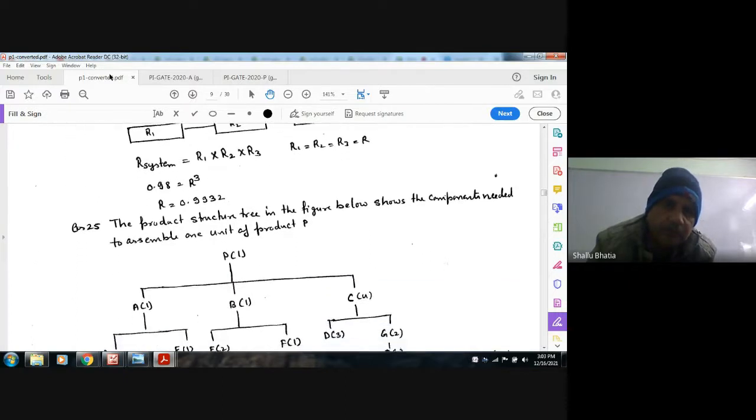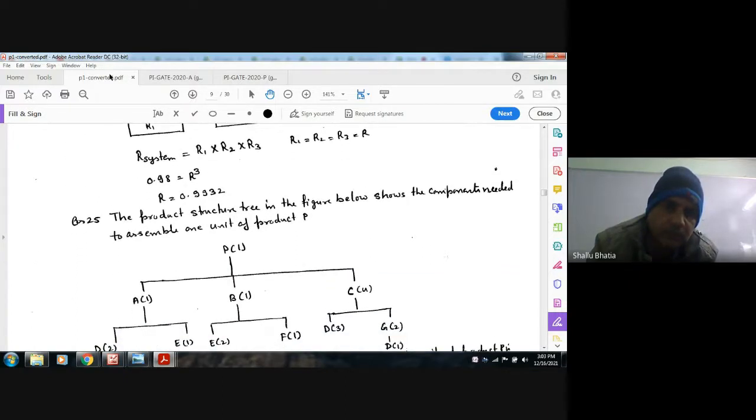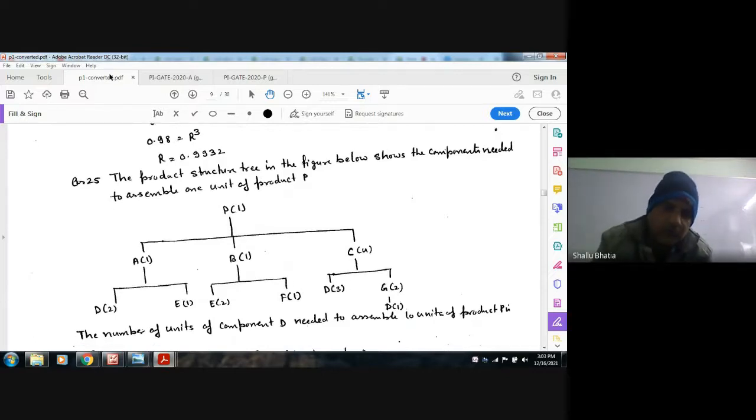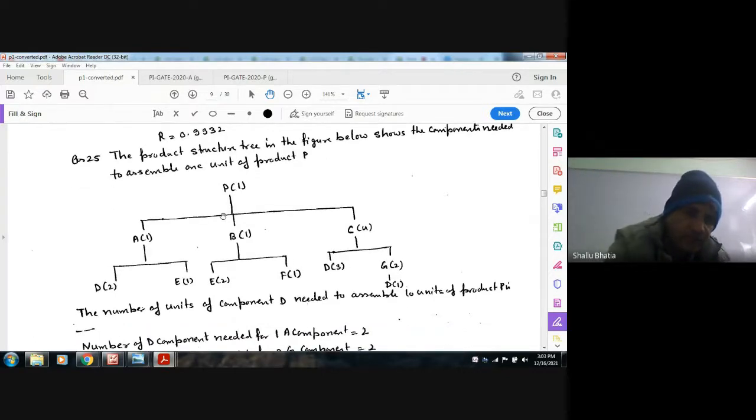The product structure tree is given in the figure below. It shows the components needed to assemble one unit of product P. For one P, we need A1, B1, and C4. For A, we need D2, E1; for B, we need E2 and F1; for C, we need D3 and G2; and for G, we need D1.